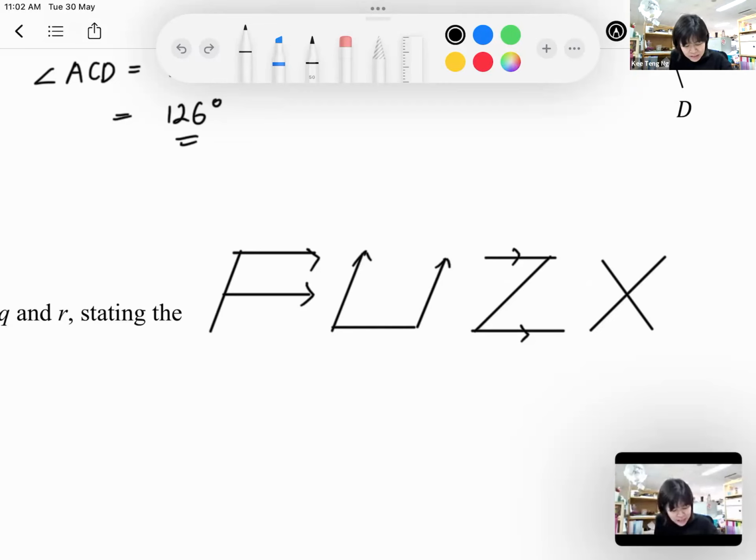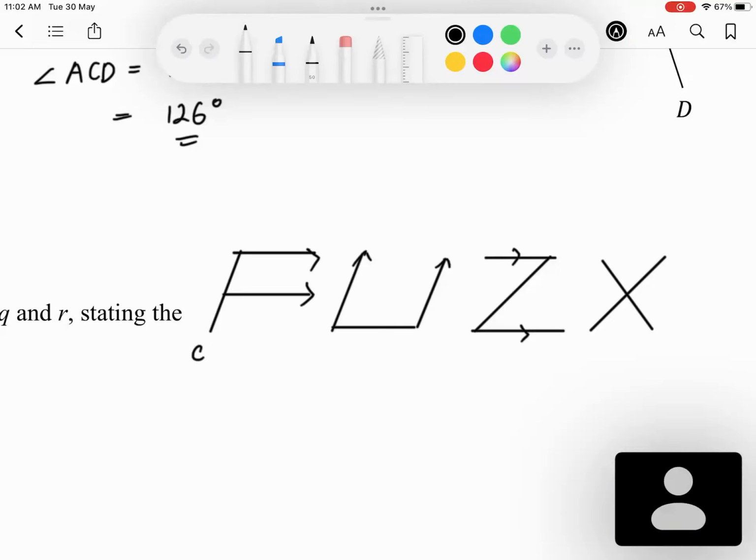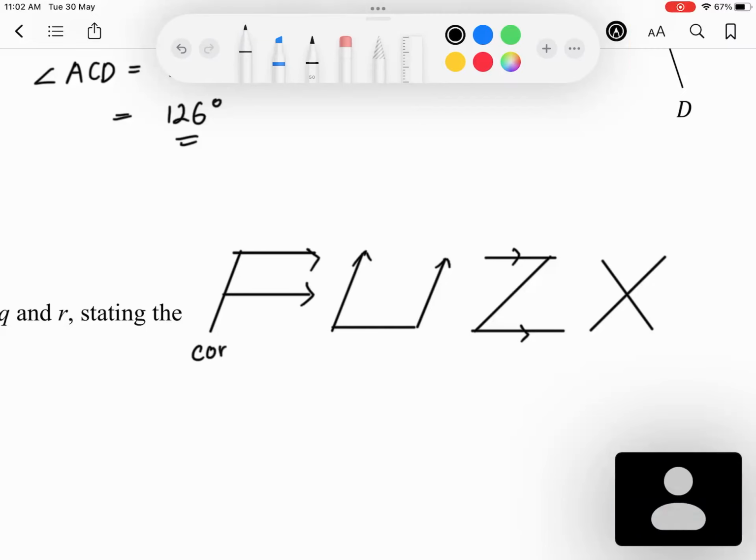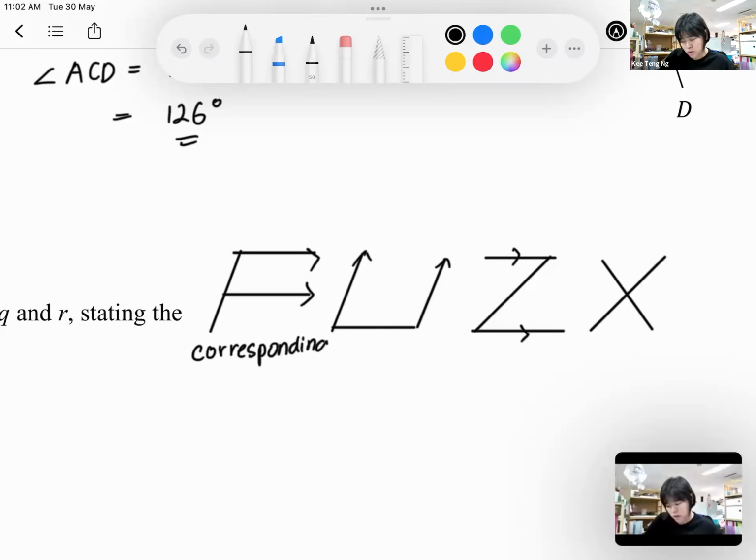Okay, Sanders, can you help me? What is the angle property for letter F? I'll give you a clue, it starts with C. Corresponding angles, yes, thank you. The rest of you, are you alive or sleeping already?